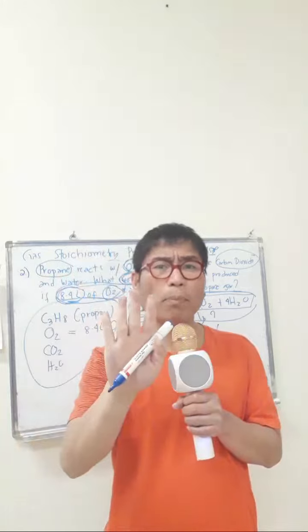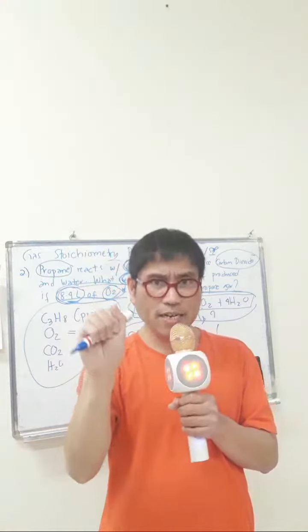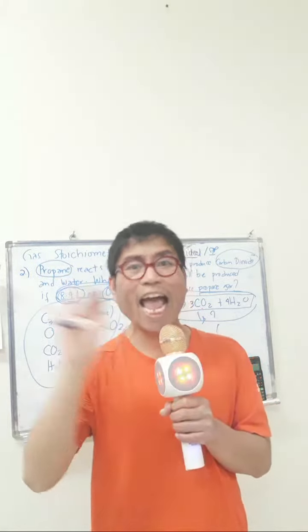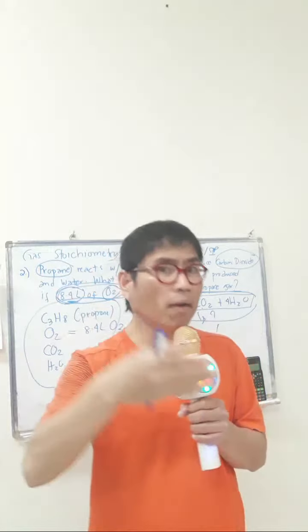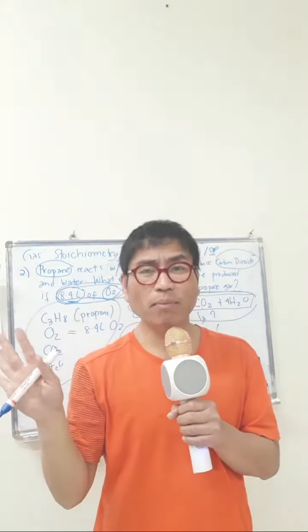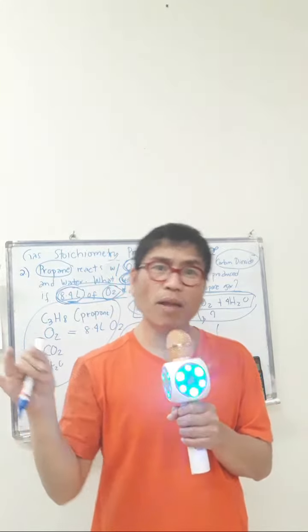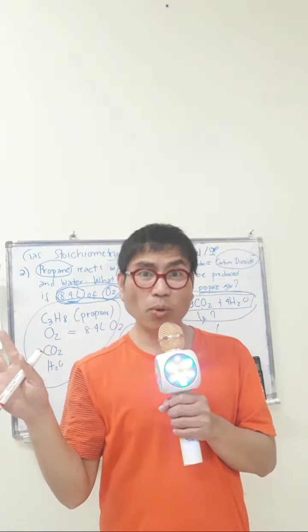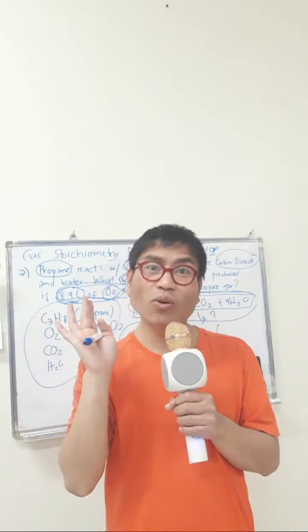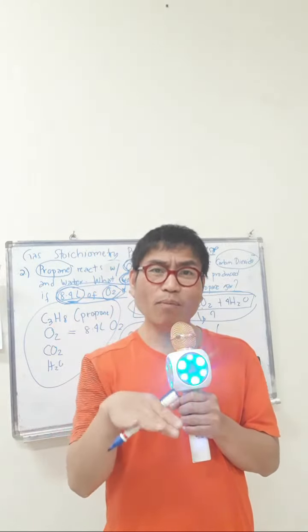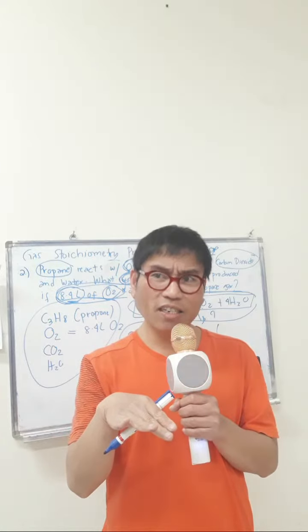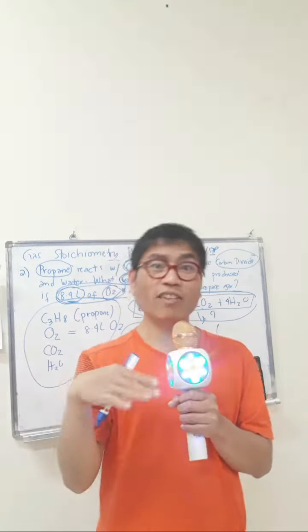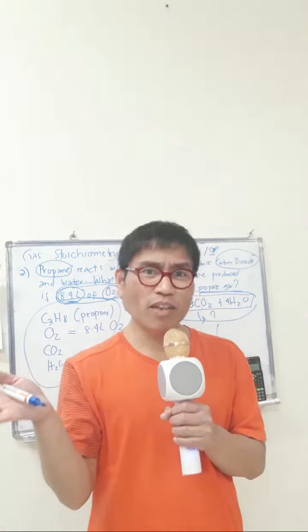There are four products in incomplete combustion when adding oxygen gas plus any hydrocarbon. Meaning any hydrocarbon, it could be methane, propane, butane. We call them the alkyl group, starting from methane until dodecane, which has 12 carbon atoms, the last.